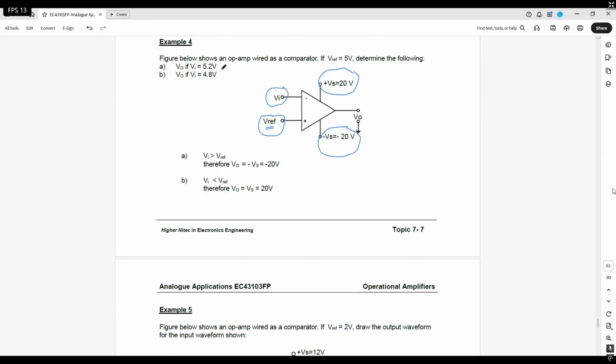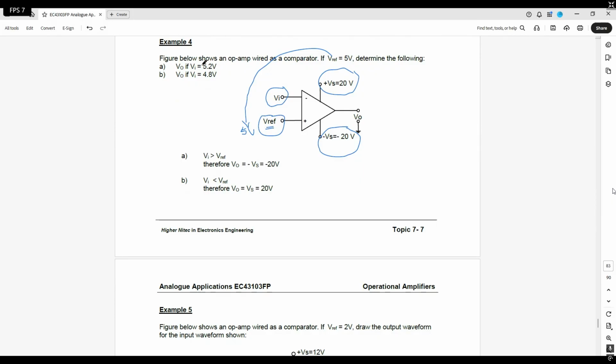The reference voltage is first of all 5 volts. This is fixed, it doesn't change, coming from here. Your VI will change because the voltage will fluctuate, go up or down, but compare with the VREF.